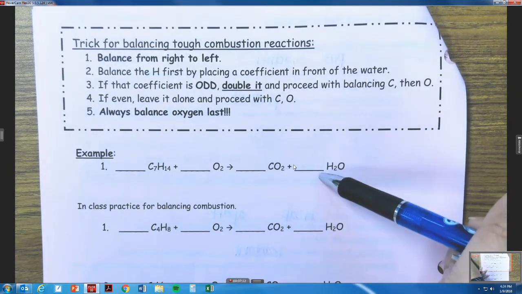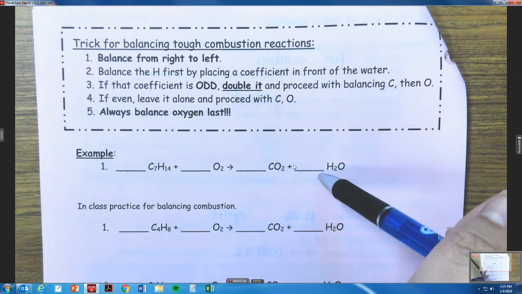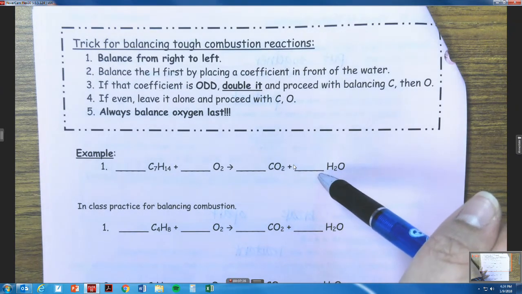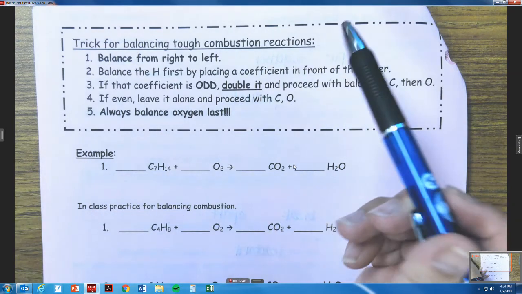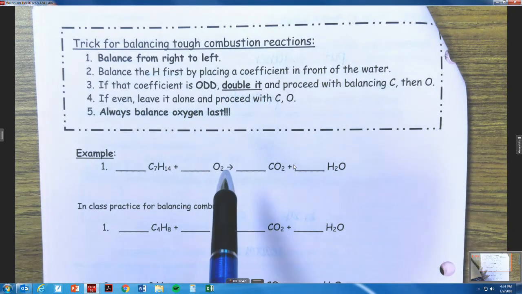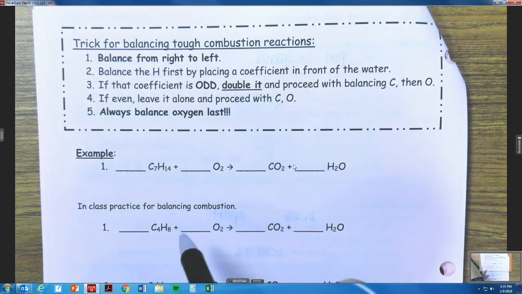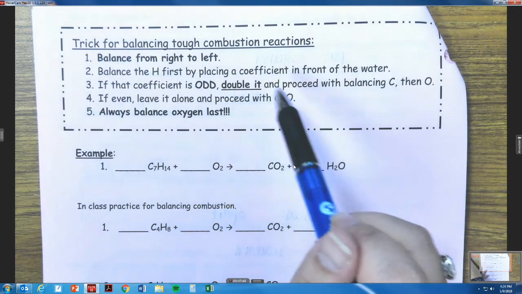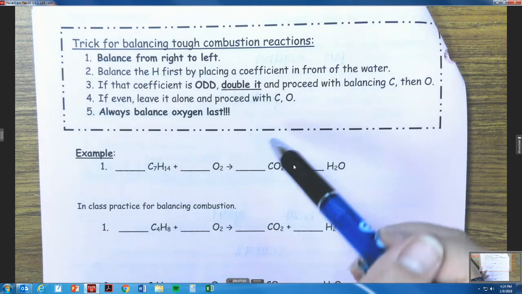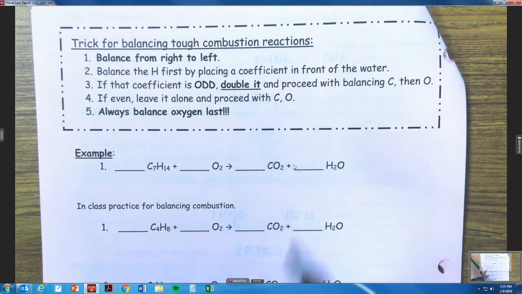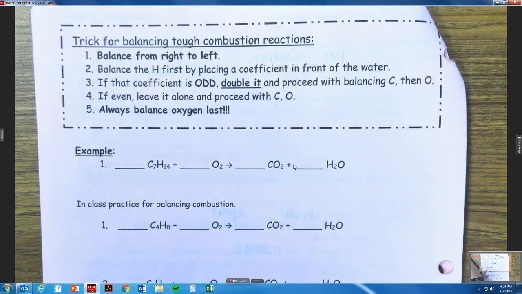Well, double it to make it 18 and even. Once you have balanced hydrogen, then you can go ahead and balance carbon, then oxygen. Do your coefficients for carbon and oxygen have to be even? No, they can also be odd. It's only for hydrogen that they have to be even.